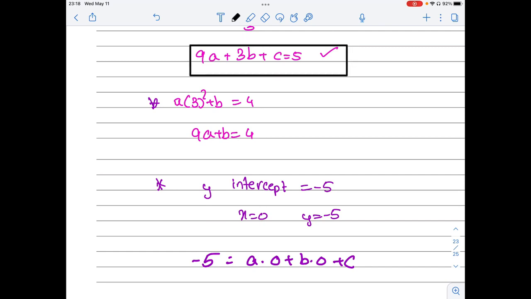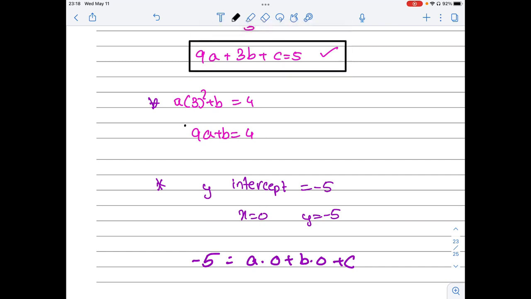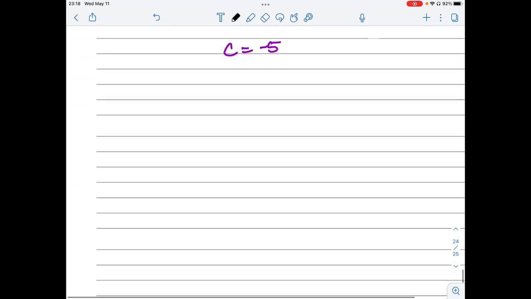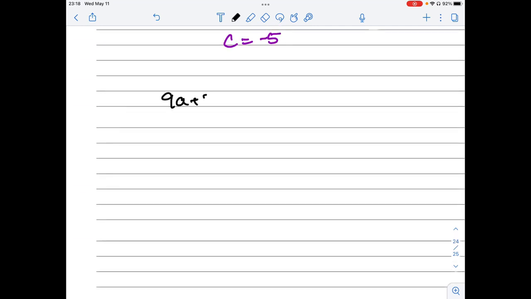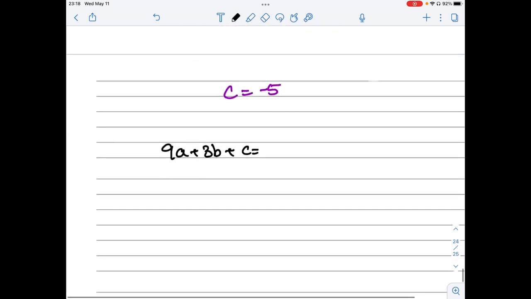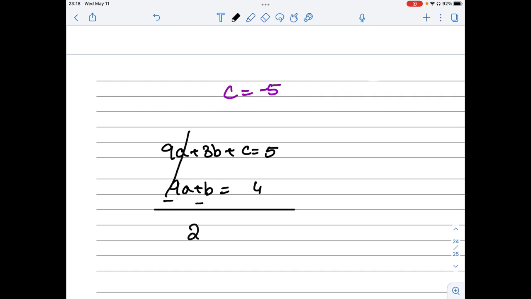Once I got the value of c as negative 5, I get these two equations. First equation: 9a plus 3b plus c equals 5. Second equation: 9a plus b equals 4. I subtract these two equations. 9a and 9a get cancelled. 2b plus c equals 1.